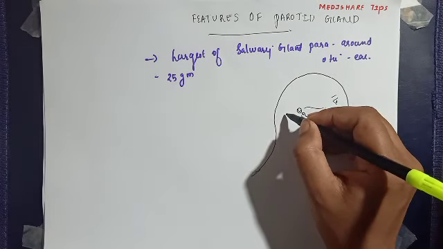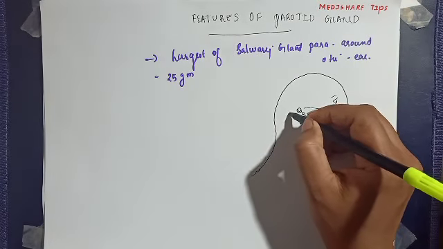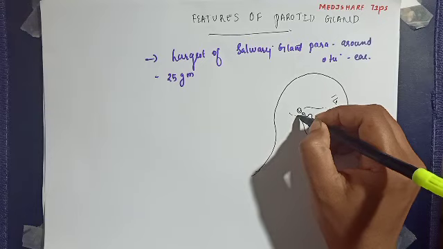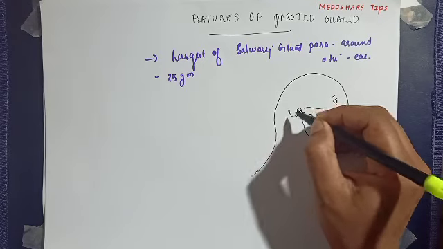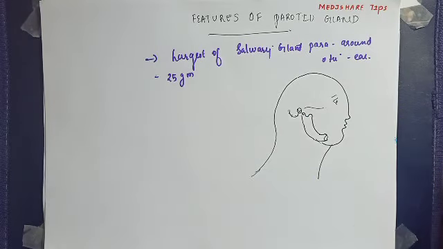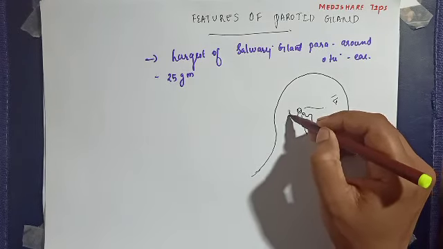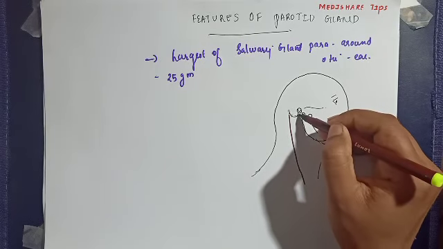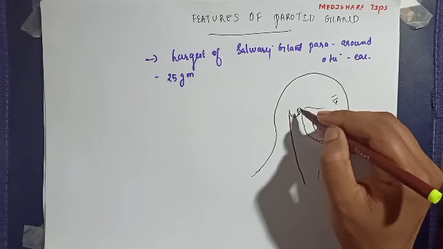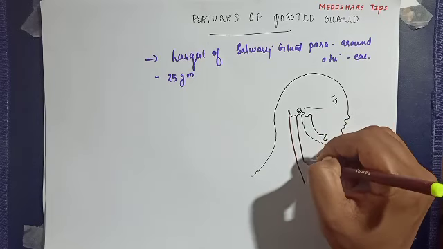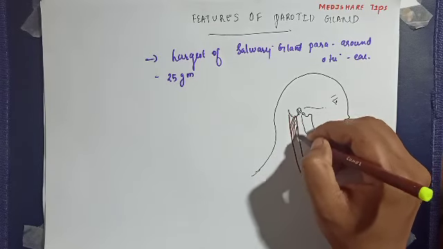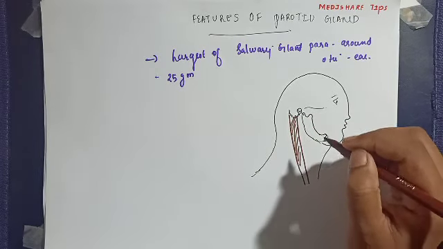Now you have one muscle here. You have the mastoid here, and attached to the mastoid you have one important muscle, that is the sternocleidomastoid muscle, which is going down like this.